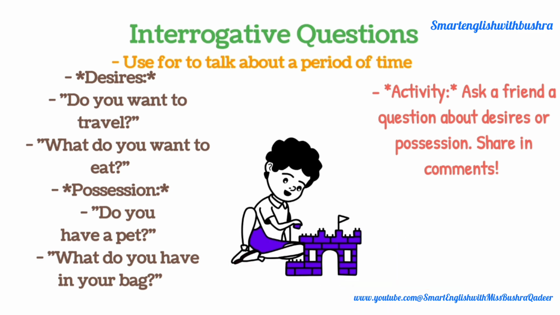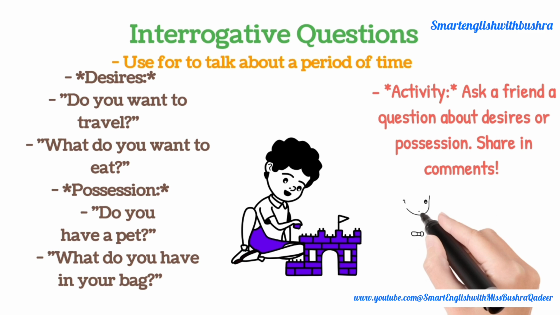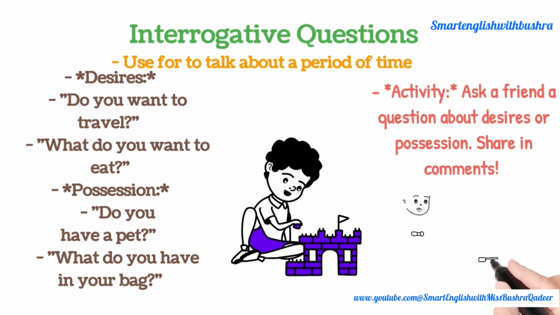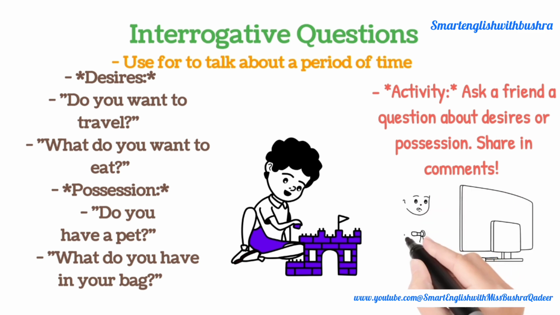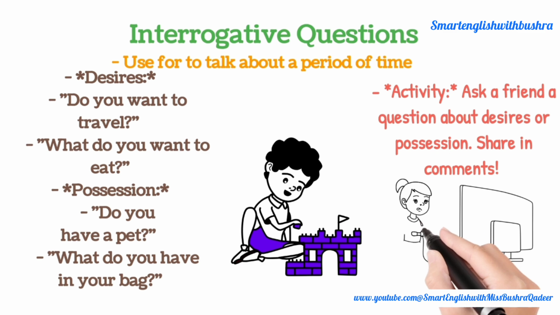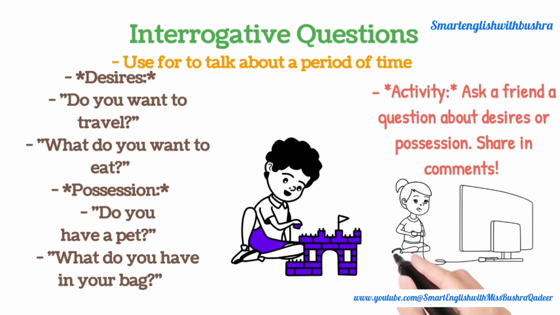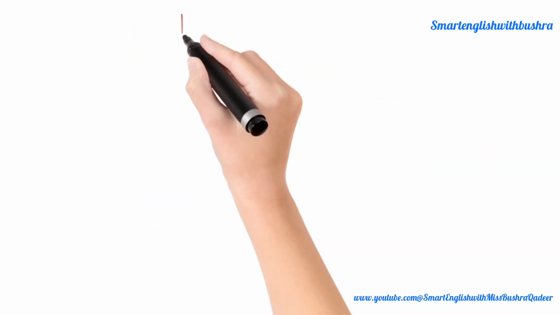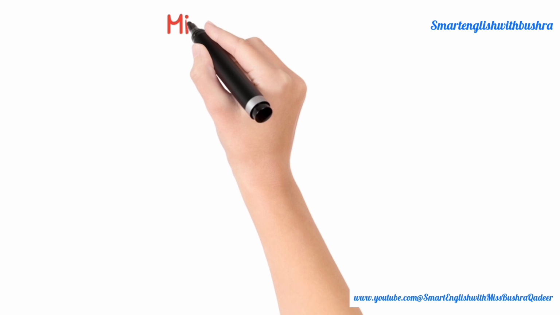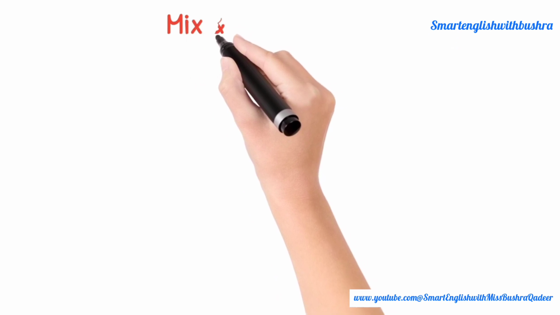Does she want to travel? Does she have a pet? Right. So it's very simple in all the three structures. We have to use do and does for the present. Whatever desires I'm going to express in present tense, I will be using do and does. Similarly in possession and also in obligation, that is called compulsion.